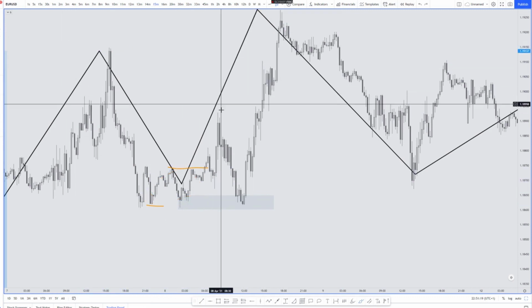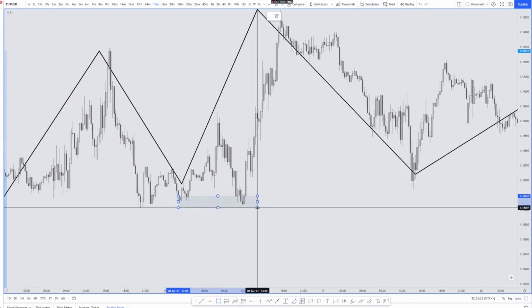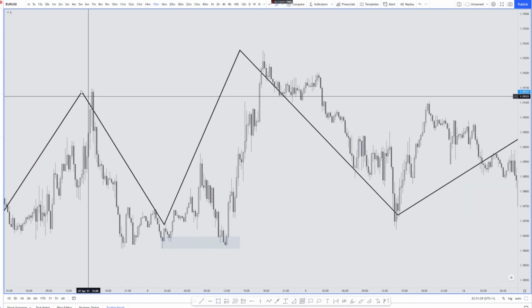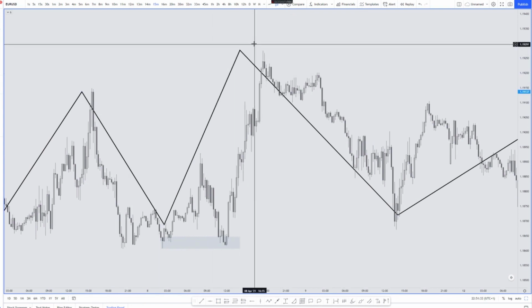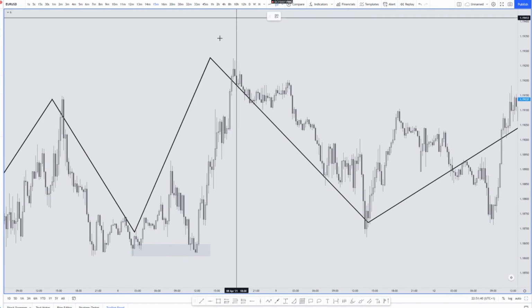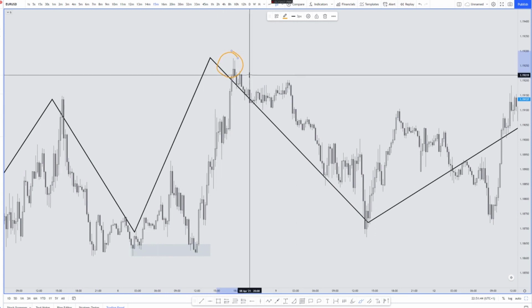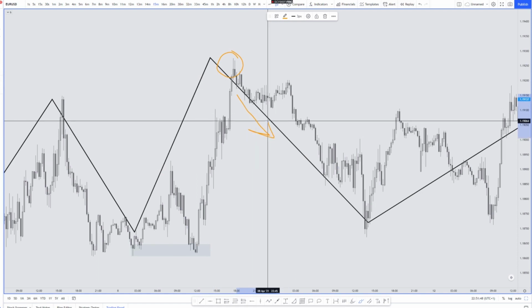Now on the same side of things, as we take this high, we expect a pullback. So we don't know where the pullback's coming from, but we know that after we've taken this high, it may run however many pips or it may pull back right away. But nonetheless, the expectation is to have a 4-hour pullback.